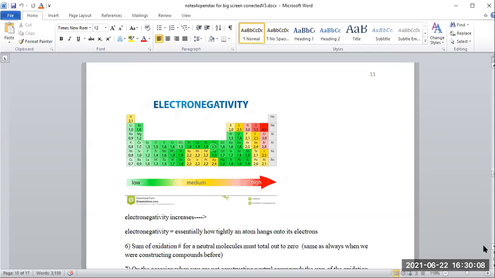You will see that they're sort of color-coded. A huge number of the metals have relatively low electronegativity, hydrogen being an exception.